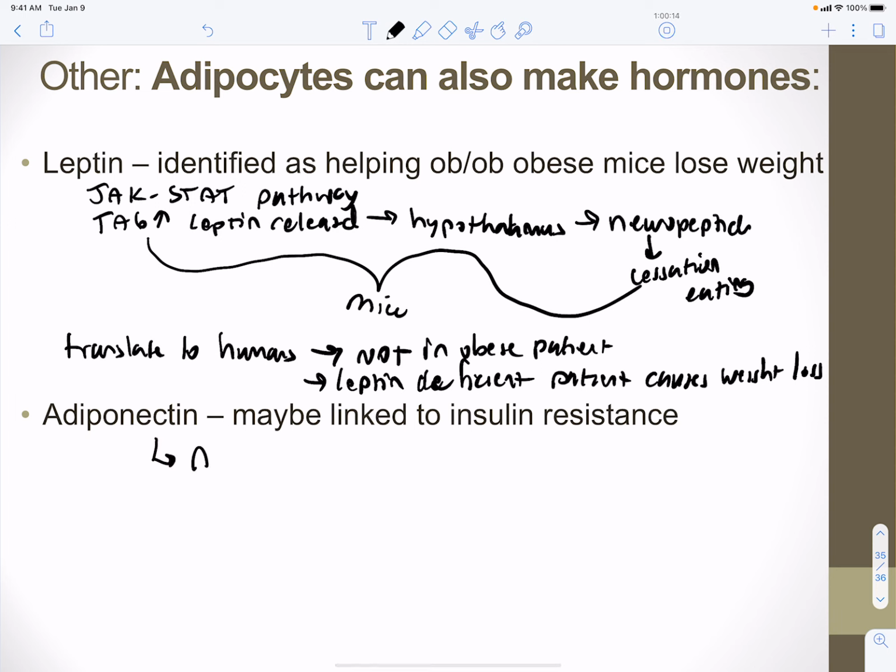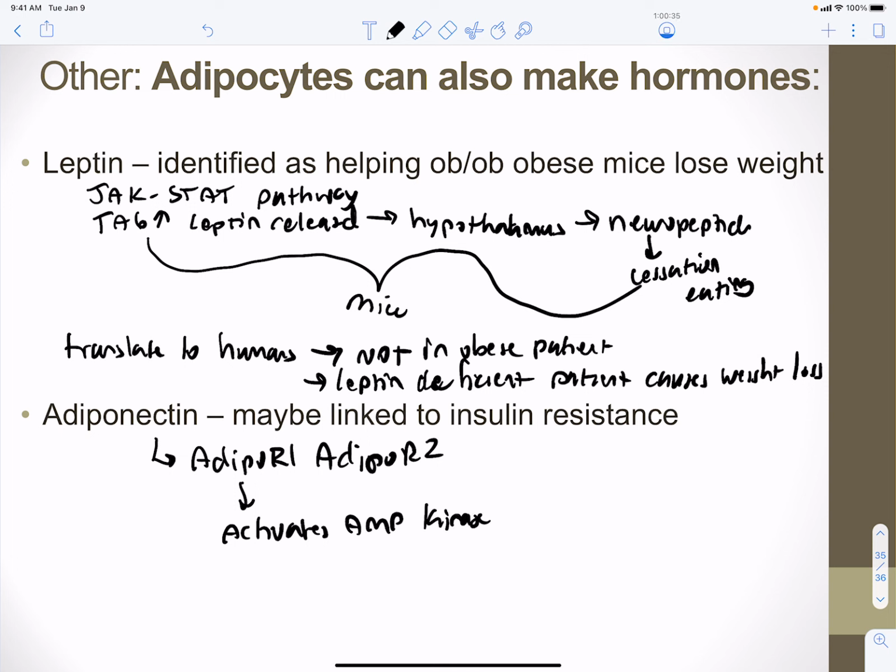It has a receptor 1, and it has a receptor 2. Binding is going to activate the AMP kinase and a peroxisome proliferator activator receptor alpha, and both are going to lead to an increase of fatty acid oxidation in muscle and liver.